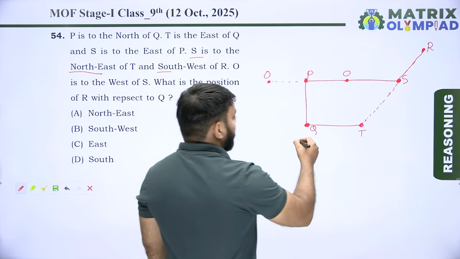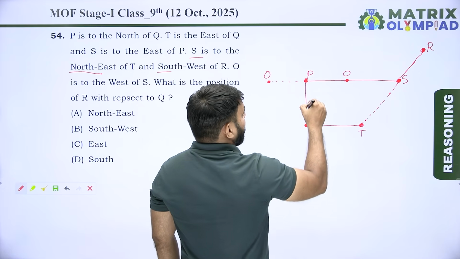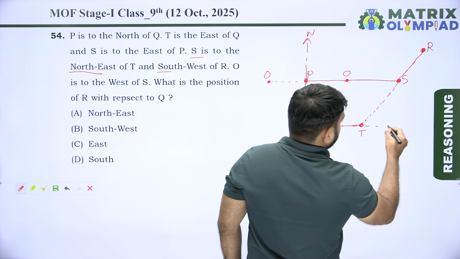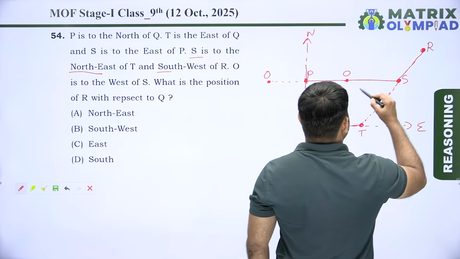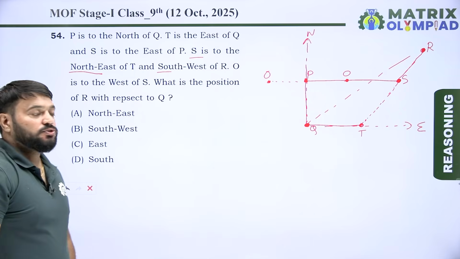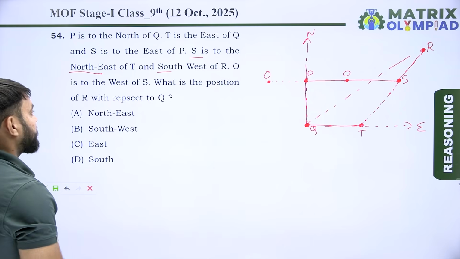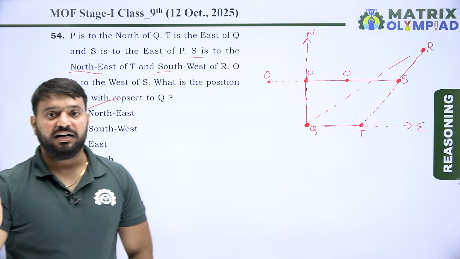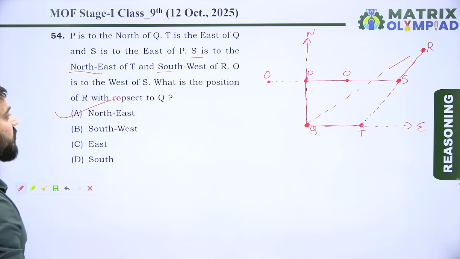Find the position of R with respect to Q. So this is the north direction of Q and this is the east direction of Q, and the position of R is northeast from Q. So here option A, northeast, is the correct answer of this question.